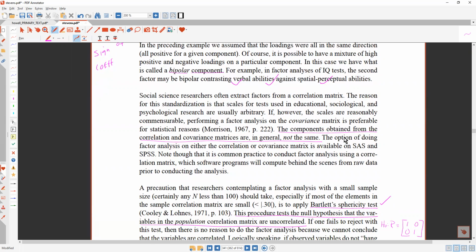Whether you're doing a components analysis or factor analysis from a correlation or covariance matrix, they are not the same. We saw that in PCA in James. We said they're not the same. Well, that also holds over in factor analysis. So you have to be able to choose that matrix and maybe even run it under both solutions.